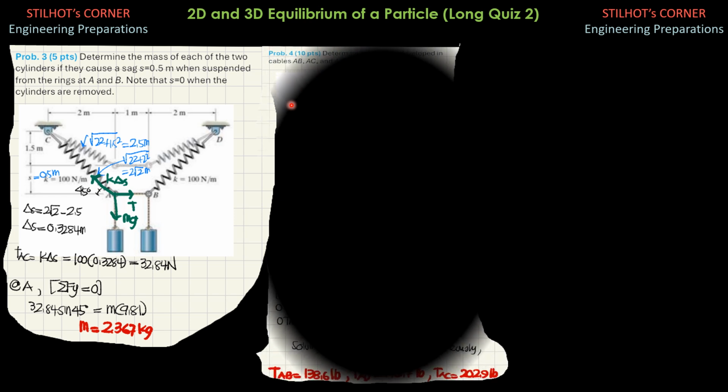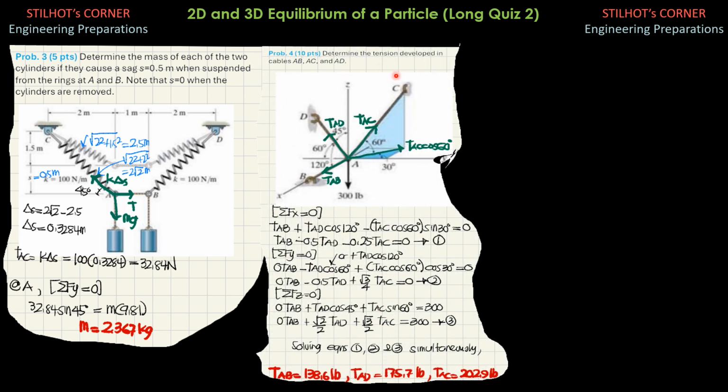For problem 4, determine the tension developed in cables AB, AC, and AD. So we have AB directed along the positive x-axis, then AC, whose plane is this vertical plane here, which makes an angle of 60 degrees with the horizontal, and this axis is on the xy plane, that's the y-axis.